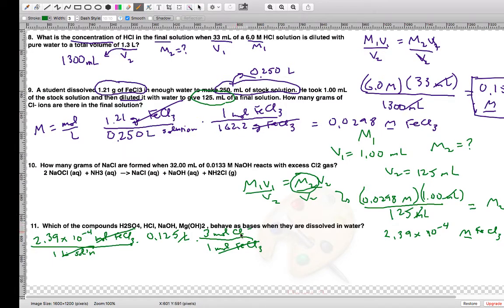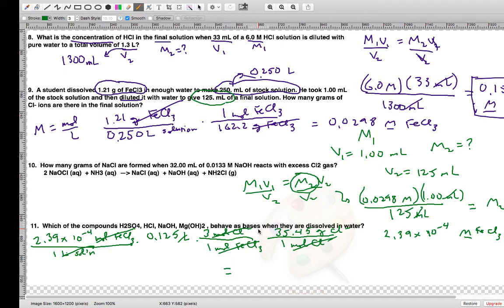Now I've got moles Cl, but I need to change this to grams. So I know that in 1 mole of Cl minus, from the periodic table, there are 35.45 grams of Cl minus. The moles of Cl minus will cancel out. Moles are canceled, liters are canceled, moles are canceled, moles are canceled. Grams are the only thing that are not canceled.